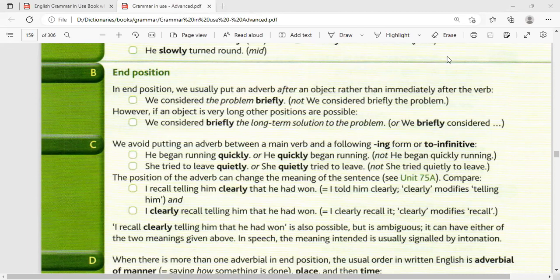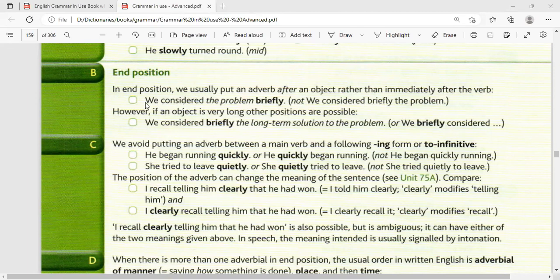Again, we usually put an adverb after an object rather than immediately after the verb. Like what? When I say we considered the problem briefly.